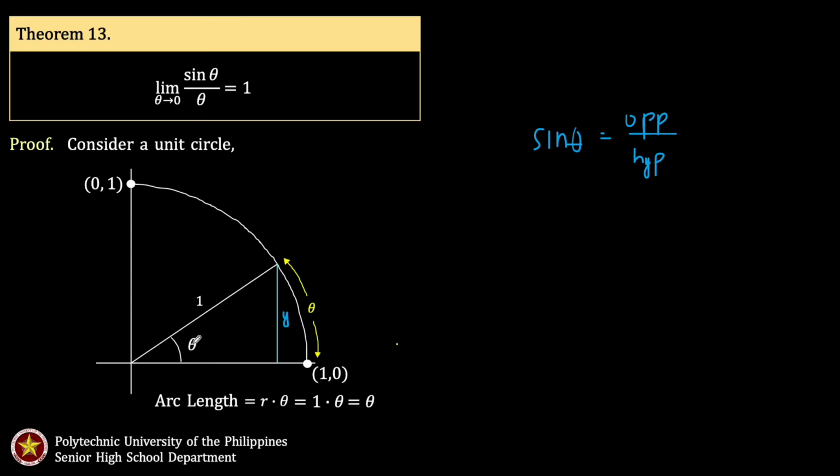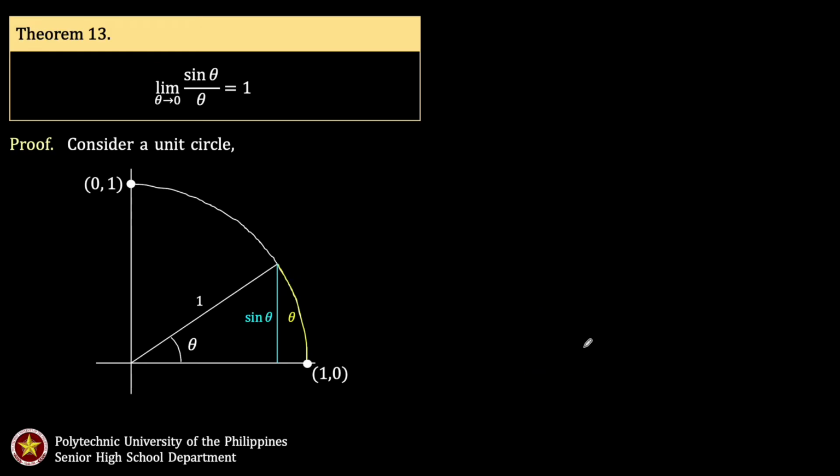Since theta is located here, the opposite side is y. So we have sine theta equals y over hypotenuse. Hypotenuse is 1 unit. So simplifying, we will obtain sine theta is equal to y. Therefore, the value of this vertical blue line is sine theta. So in that case, the second function has been acquired.